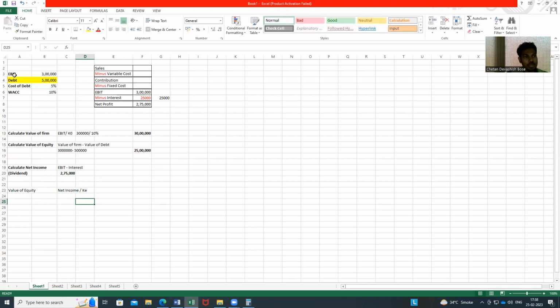Look at the question में कहीं भी cost of equity नहीं दिया हुआ है, cost of debt दिया हुआ है जिसको हम KD बोलते हैं. Okay. Then weighted average cost of capital दिया हुआ है जिसको हम K0 बोलते हैं. But you will not see anywhere that उन्होंने KE दिया हुआ है. And that is what the question is asking. The question is asking, what is KE? They need an answer for KE. There's a question mark.